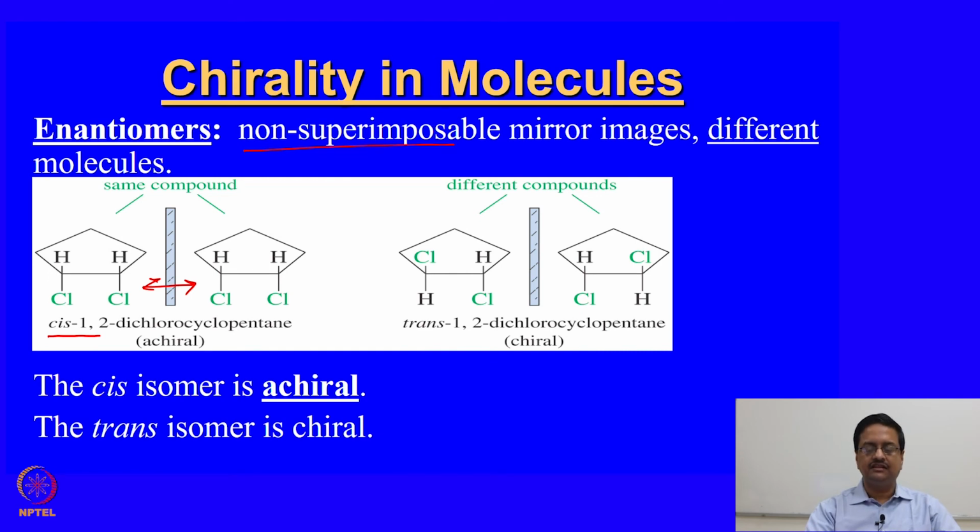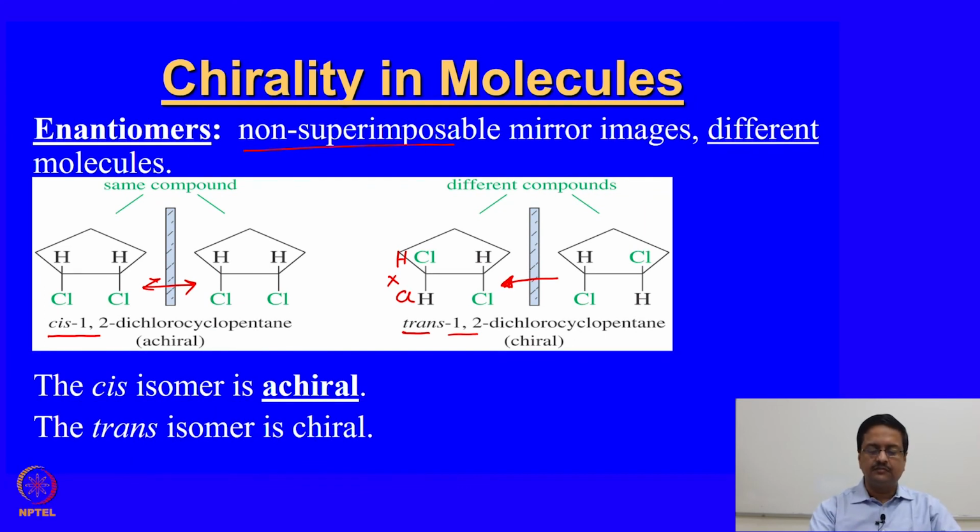But in the case of trans-1,2-dichlorocyclopentane, the mirror image looks like this, and when you try to superimpose this mirror image on the original one, this chlorine will superimpose with the hydrogen, and that hydrogen will try to superimpose with chlorine, and that does not give you a correct superimposition.